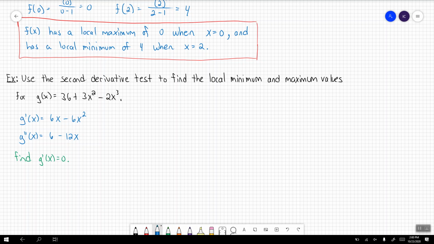So that's one of the first things that we do as well, is we're going to take g prime of x and we're going to set this equal to 0, which then implies that 6x minus 6x squared will be equal to 0. Factor out your 6x, and then you get 1 minus x to be equal to 0, where we now get that x is equal to 0 or x is equal to 1.